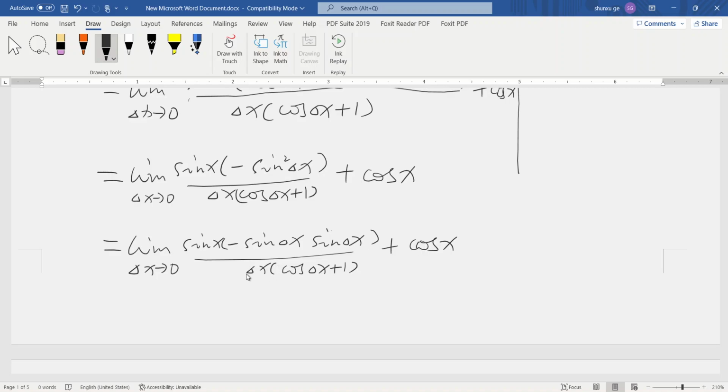Now we find here delta x and sin delta x, and we know this should be 1.